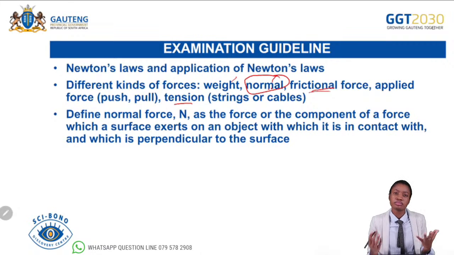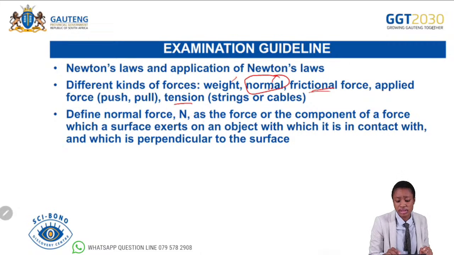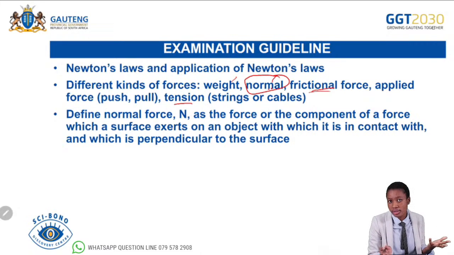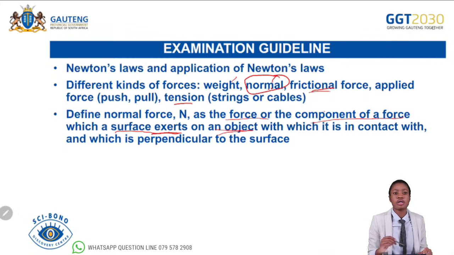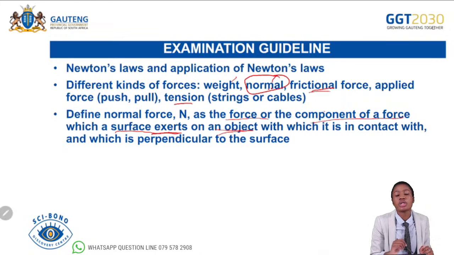Then let us now define the normal force. So the normal force is defined, and you should be able to define it, right? In matric, guys, you go into matric. So normal force is defined as the force or the component of a force which a surface exerts on an object. So we're looking at the force that the surface exerts on an object which it is in contact with, and it is perpendicular to the surface.